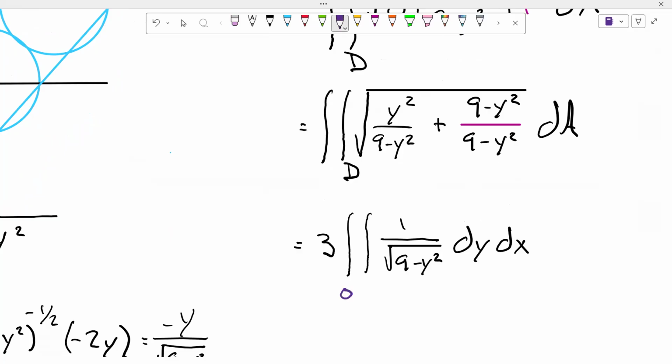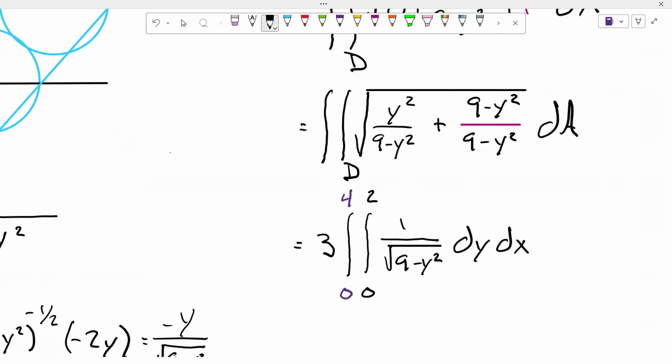X, I think I saw, went from 0 to 4, while y goes from 0 to 2. And then we have to integrate that. Integrating 1 over the square root of 9 minus y squared.